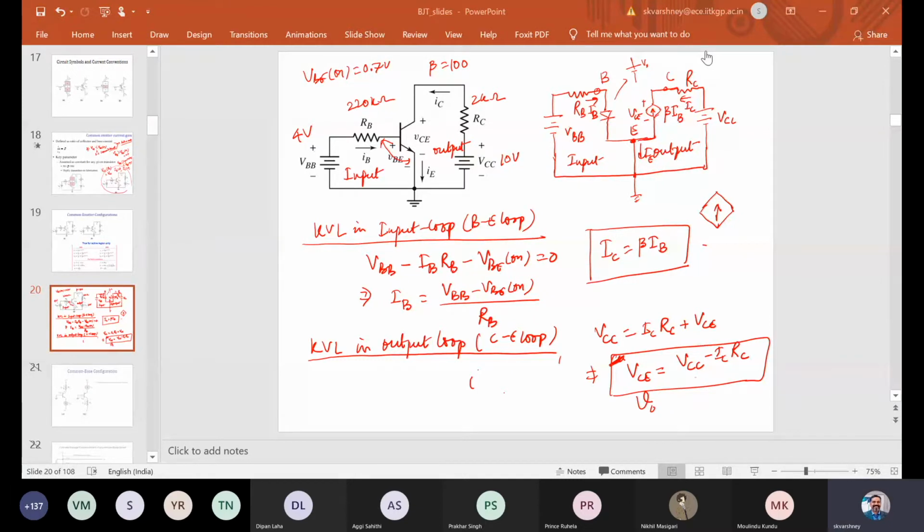Please try out for 4 volt, RB is 220 kilo ohm, and beta is 100 for this NPN transistor, VCC is 10 volt, RC is 2 kilo ohm, VBE on is 0.7. Find out all the current values and the base voltage. So, what you need to calculate.